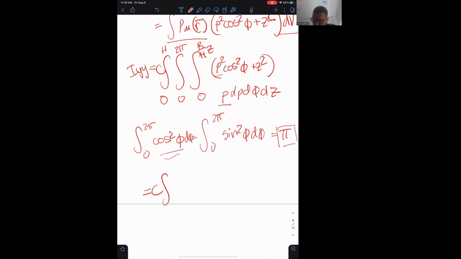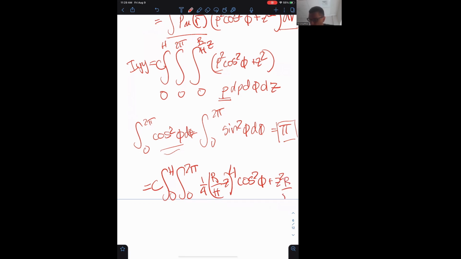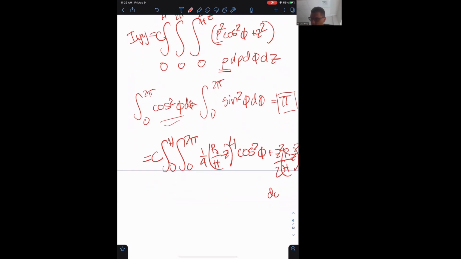So we get c times 2 pi, rho cubed over 3, so rho to the fourth divided by 4, so 1/4 r to the fourth times cosine squared phi there, plus z squared rho squared divided by 2, d phi dz.